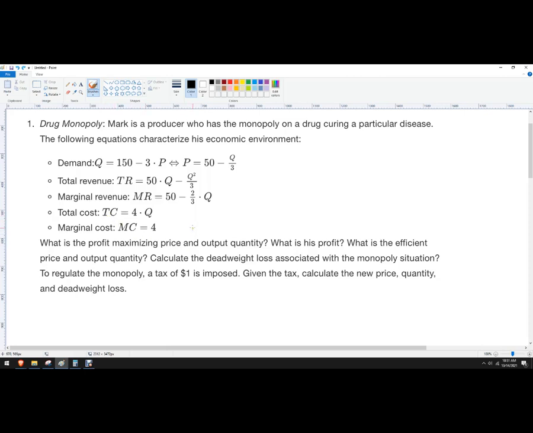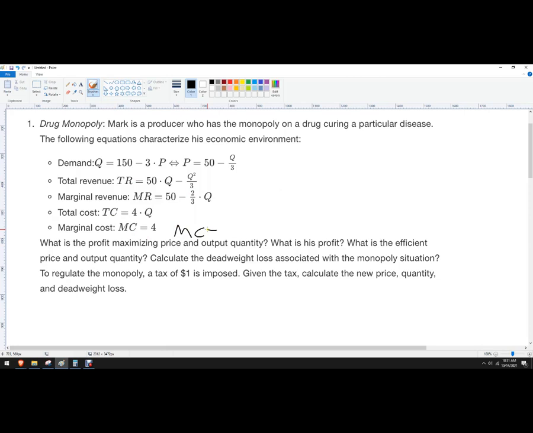So, profit maximizing price and quantity. That's going to be found by solving for where marginal cost equals marginal revenue. We have both of those formulas, so we're just going to set them equal to each other.